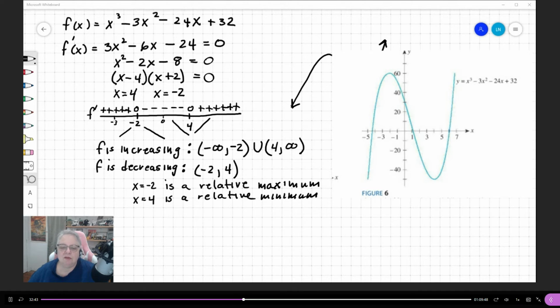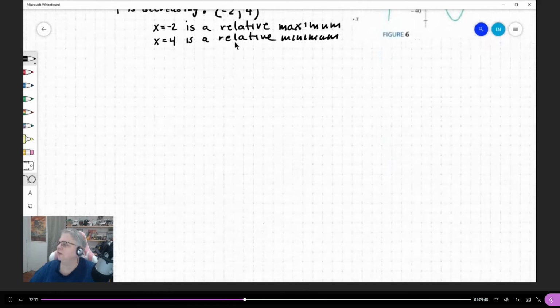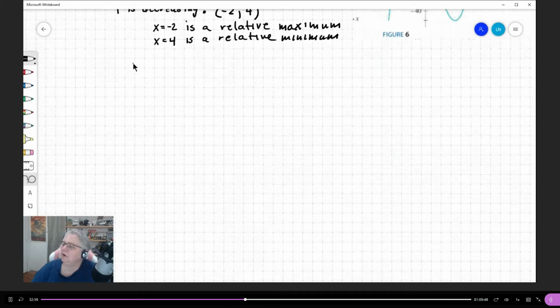How about this: when I defined the critical value, I said it's anywhere where the first derivative is 0 or the first derivative is undefined. So let's take a look at another function here. Let's take a look at f of x equals x to the 2/3.